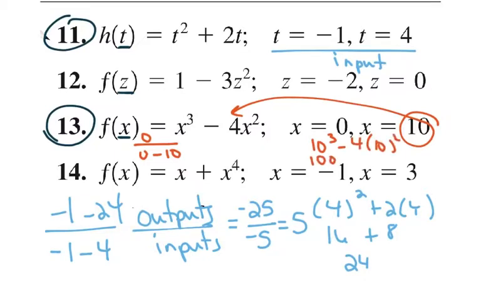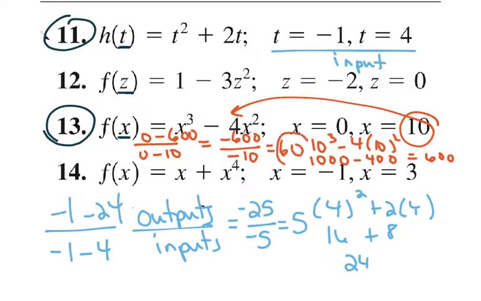So I get 1,000 minus 400, which is 600. So I'm going to get negative 600 over negative 10. The two negatives cancel, and I end up with 60. And that's the slope.